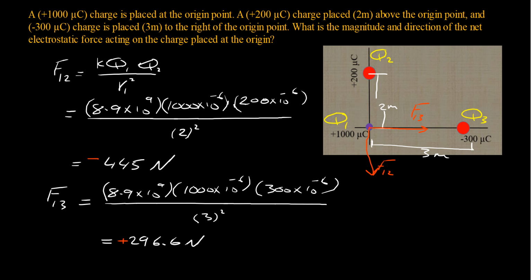Now, how do I find the total or the net electrostatic force? Okay, let's open another slide to help us. So what I have now is my Q1, and also I have my F13, and also I have here F12.